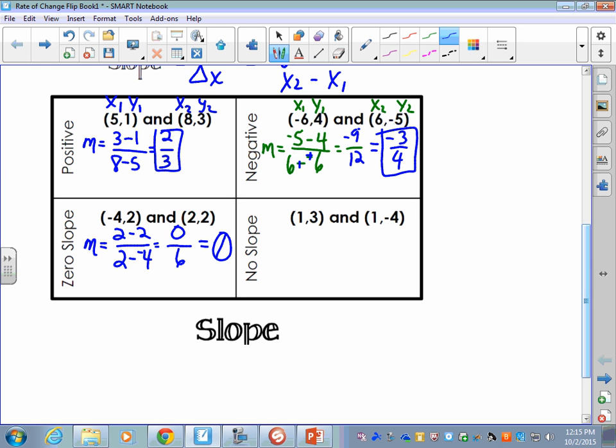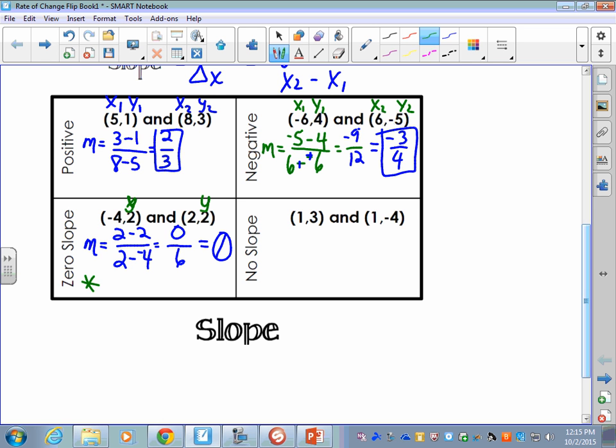Now, whenever you have a 0 slope, something happens that you can recognize real quickly. I want you to look at your y coordinates. What do you notice about the y coordinates? They're the same. So whenever you have the same y coordinate, guess what happens to your slope? It's 0, because when you subtract them, you're always going to get 0.